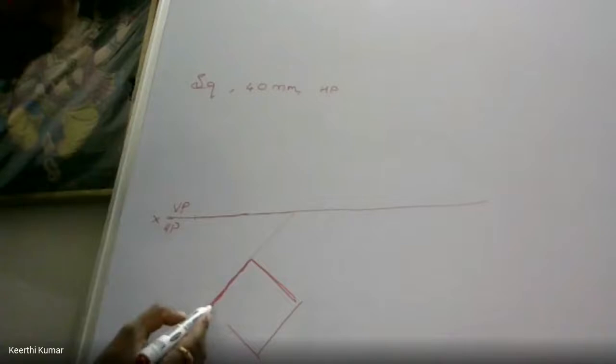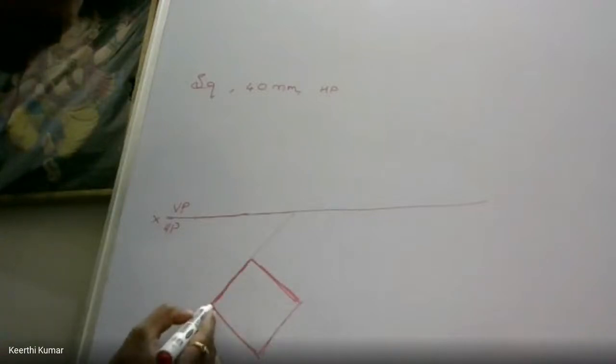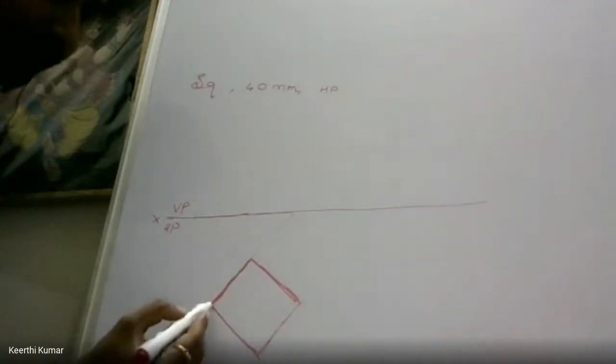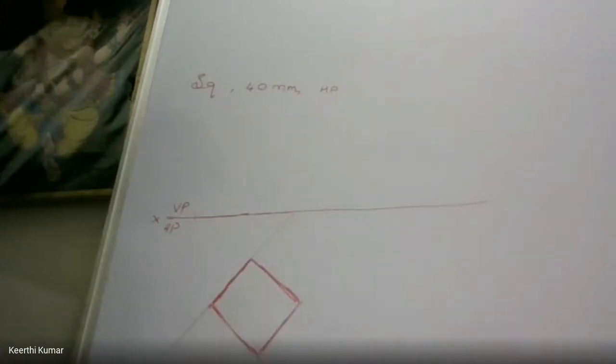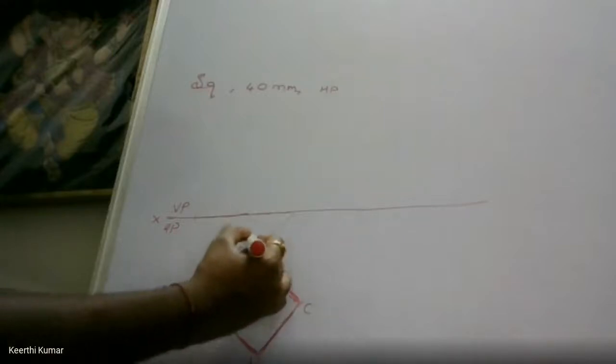So if you draw like this, where is the diagonal? The diagonals will be this and this. If I rotate, only one diagonal will be at the given angle. What is the given angle with respect to HP? One of the diagonals is inclined to HP at 30 degree. So I came to know it should be resting on one of its corners. This is A, B, C, and D.